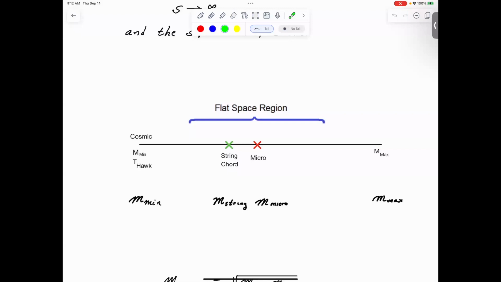And what do I mean in this case? The left, the minimum energy scale, corresponds to an energy such that the wavelength associated with it is the de Sitter radius. So it's wavelengths which are as big as the whole space, and that corresponds to an energy scale which is the Hawking temperature. At the far right end is a maximum energy scale.